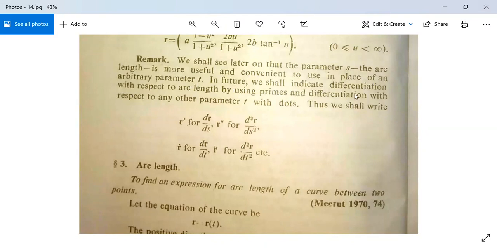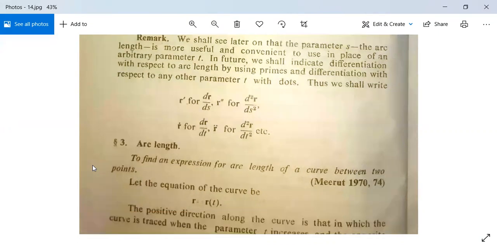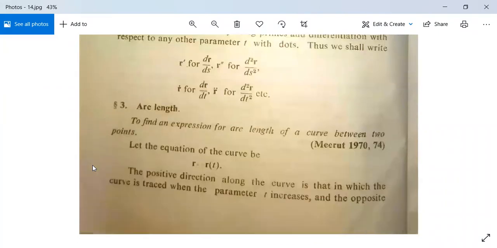In future we shall indicate differentiation with respect to arc length by using prime, prime means इधर dash दे देंगे, and differentiation with respect to any other parameter t with dots, t के रिस्पेक्ट में है तो डॉट दे देना है. Thus we shall write r dash का मतलब dr by ds, r double dash का मतलब d2r by ds2, और r dot means dr by dt and r double dot means d2r by dt2 etc. तो इसको याद रख लेना.